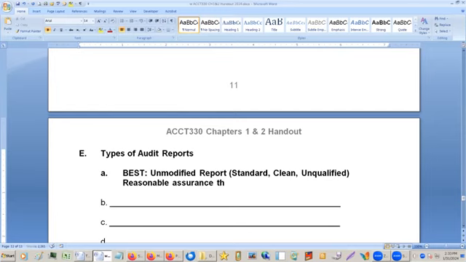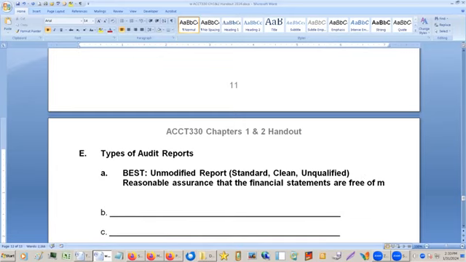Real assurance that the financial statements are free of material misstatements.